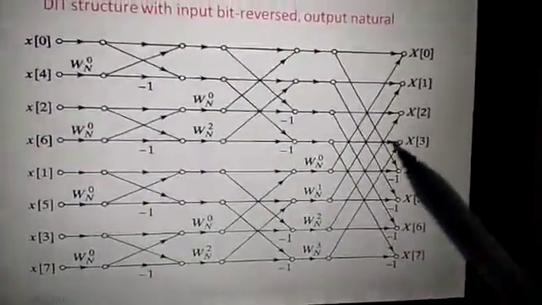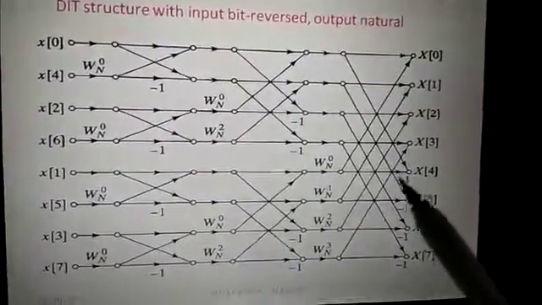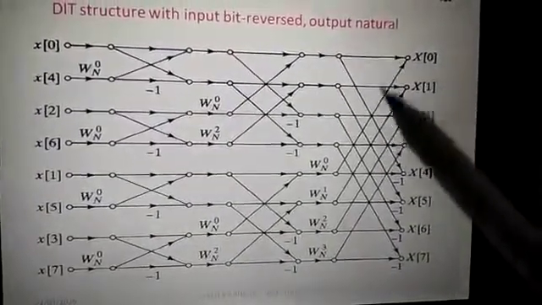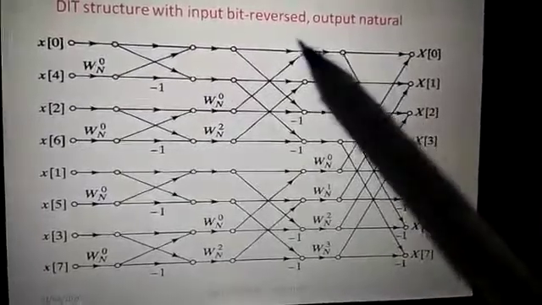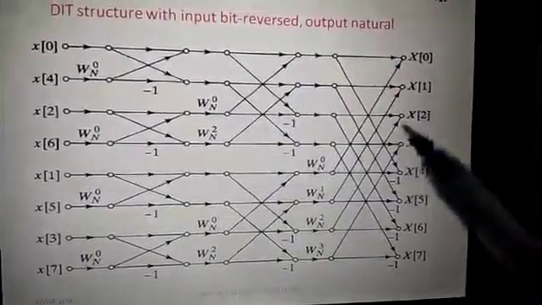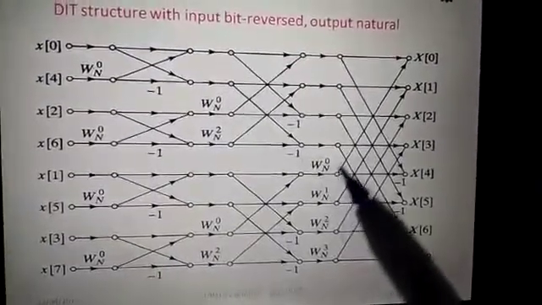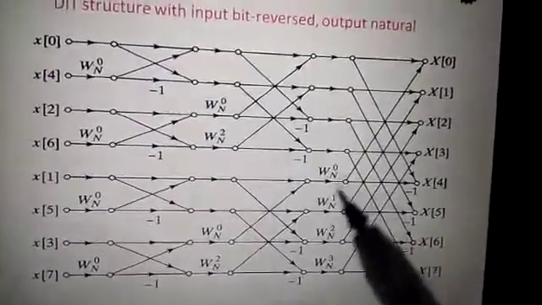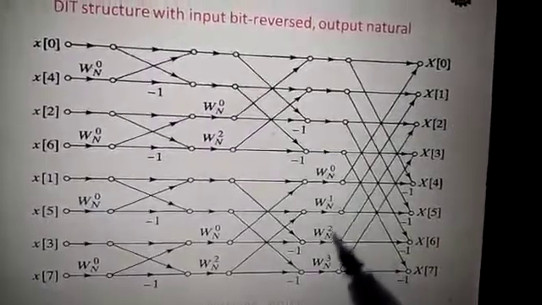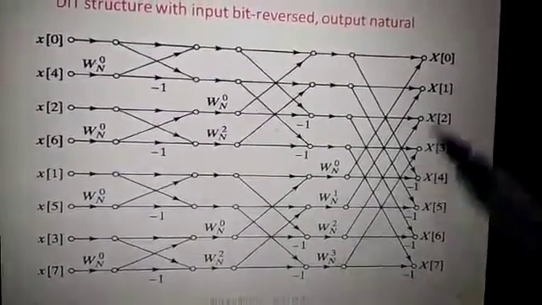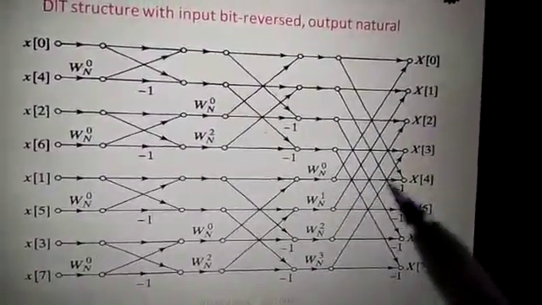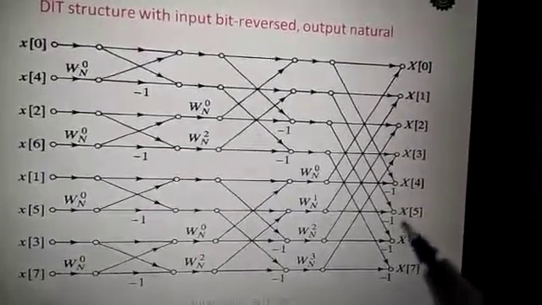And later on, at the final stage, that is the third stage, these 4 samples and these 4 samples will be cross multiplied here. And after these 4 samples, you will get the twiddle factor multiplication omega n 0, omega n 1, omega n 2 and omega n 3. And after these 4 samples, every line has a multiplication of -1.